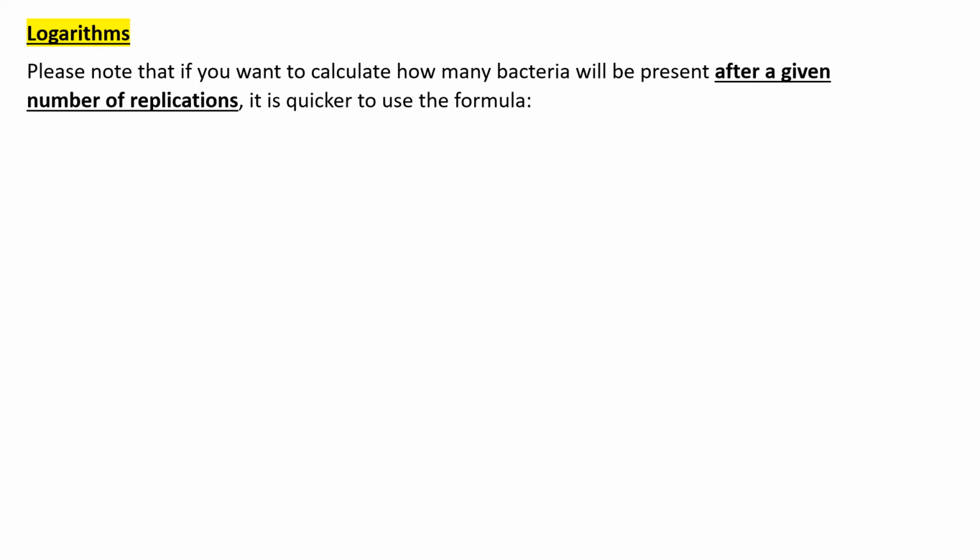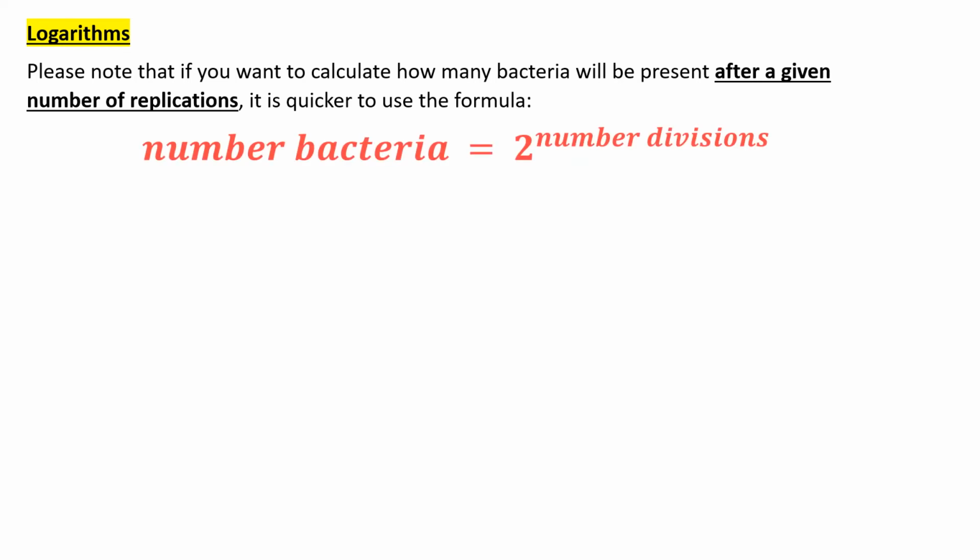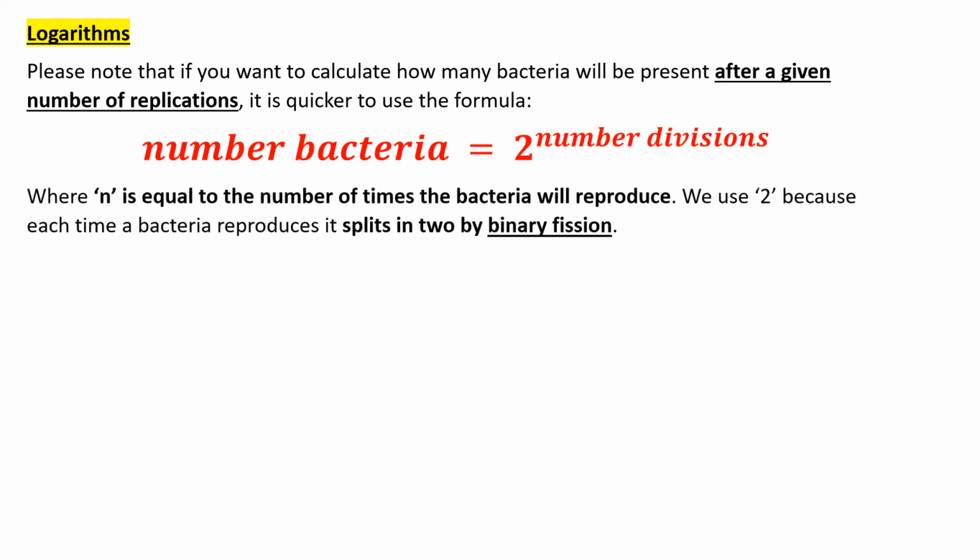Now, please note that if you want to calculate how many bacteria will be present after a given number of replications, we are going to use this formula that we just said. So 2 to the power x, where x is the number of divisions. We use 2 because obviously we know that 2 cells are being produced from every single cell by binary fission. So I would also learn the definition of binary fission.